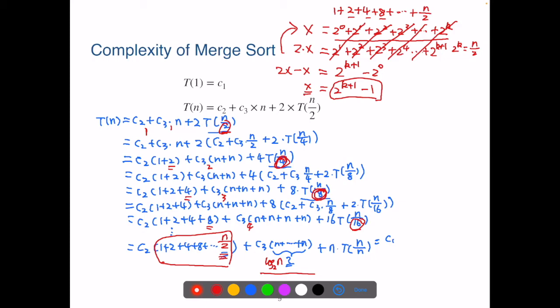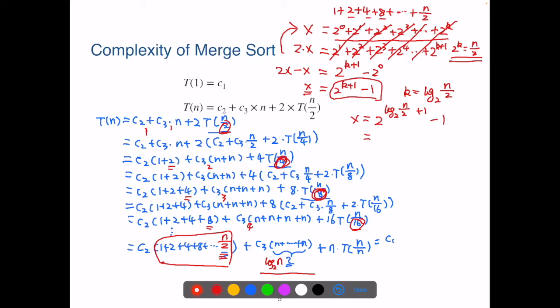So what is k? We know 2 to the power of k is n over 2. So k would be log2 of n over 2. And then x would be 2 to the power of log2(n/2) plus 1, minus 1.